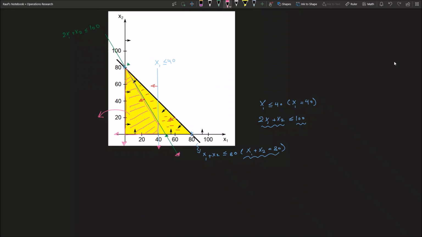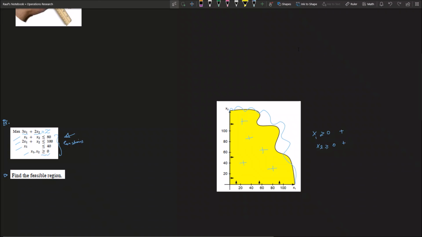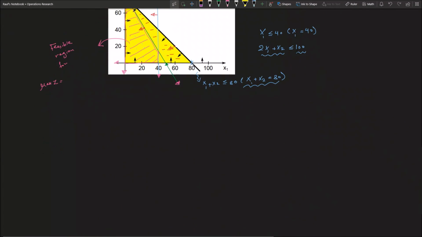This can be called the feasible region for the equation maximize z. It was maximize z equals 3x1 plus 2x2. Then you have your feasible region for this exact problem.